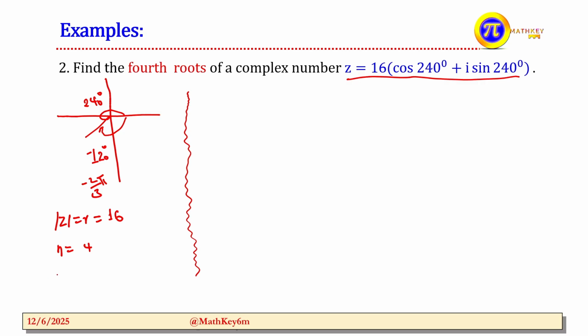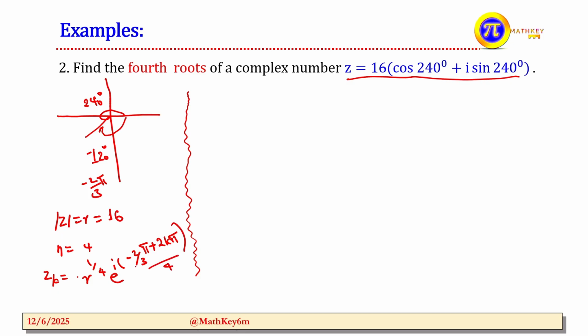We apply the general form: zk equals r to the power of 1 over 4, since our n is 4, times e to the power of i times our theta, which is negative 2 over 3 pi plus 2k pi, divided by 4.